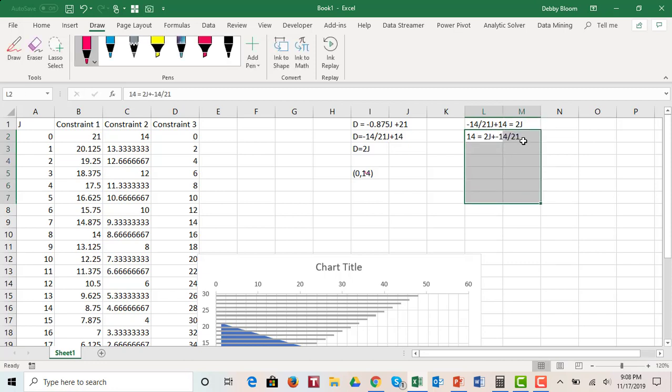Oops, messed that one up. 14 over 21j. So if I take 2j and then subtract 14 over 21j, well, 2 is the equivalent of 42 divided by 21. So if I take 42 minus 14, I get 28. So I'm going to get 14 equals 28j.